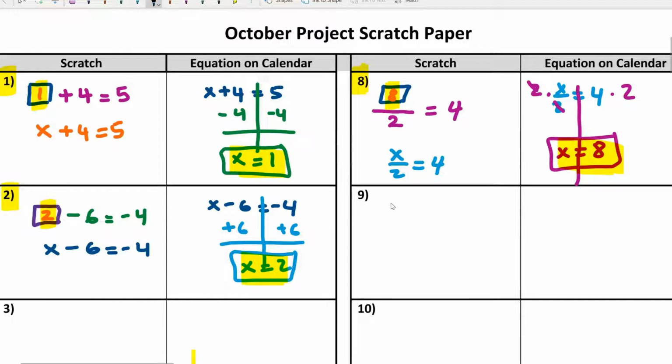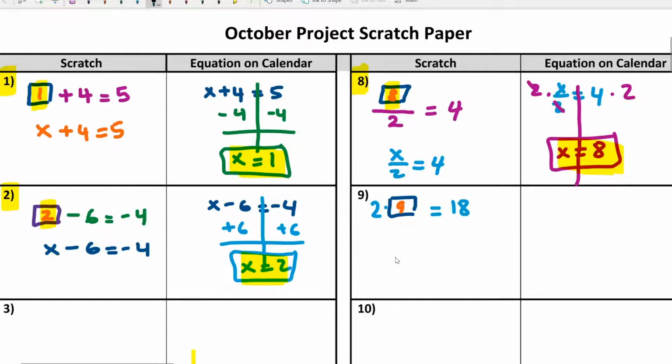Now, next one, number 9. Draw a box and put in number 9. You can do add, subtract, multiply, divide. Since I already did add, subtract, and divide, I'm going to do multiply this time. I'm going to do times 2. 2 times 9 equal to 18.